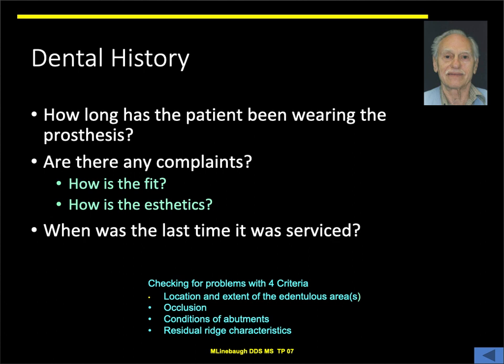Complaints meaning, is it fit? Is there any aesthetic concern? And when was the last time it was serviced? Sometimes a patient walks in and says, oh, I had a denture before. And you ask them, when did you have that? They say, oh, I had that 20 years ago, but I haven't worn it for maybe 2 years. So patients are in different situations because they may not like it anymore, so they don't wear it.